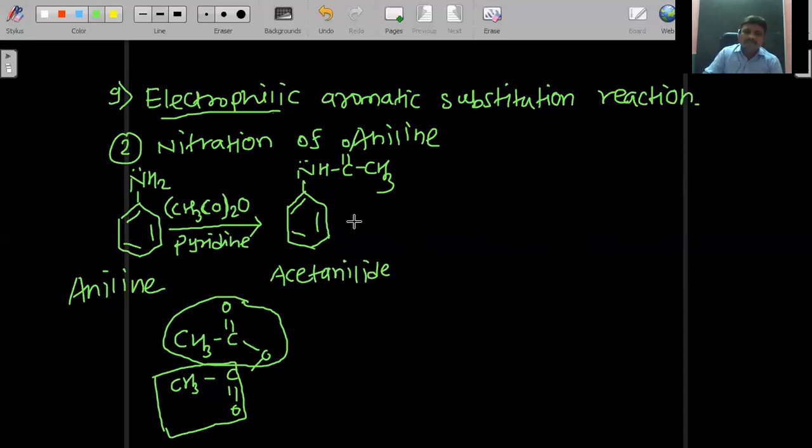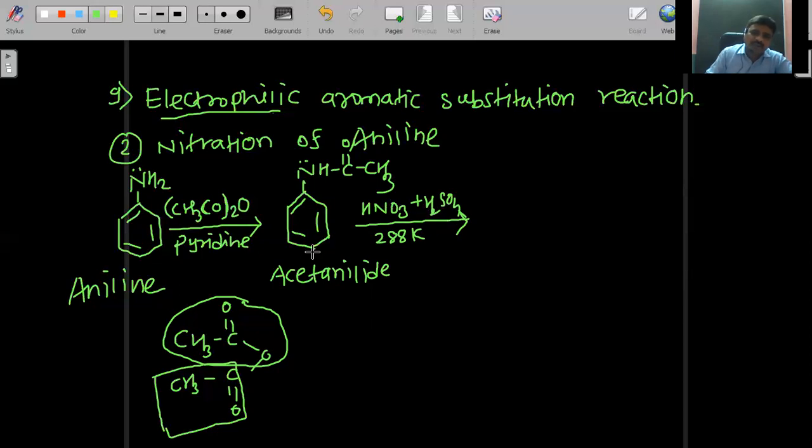Now this acetanilide undergoes nitration reaction by using a mixture of concentrated HNO3 and concentrated H2SO4, and temperature is 288 Kelvin. So what happens?